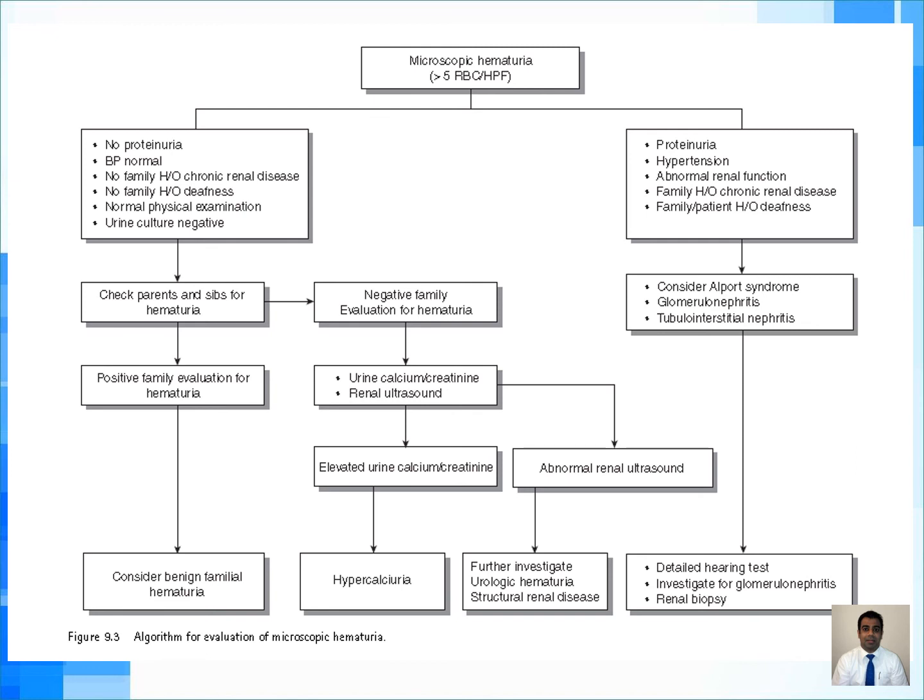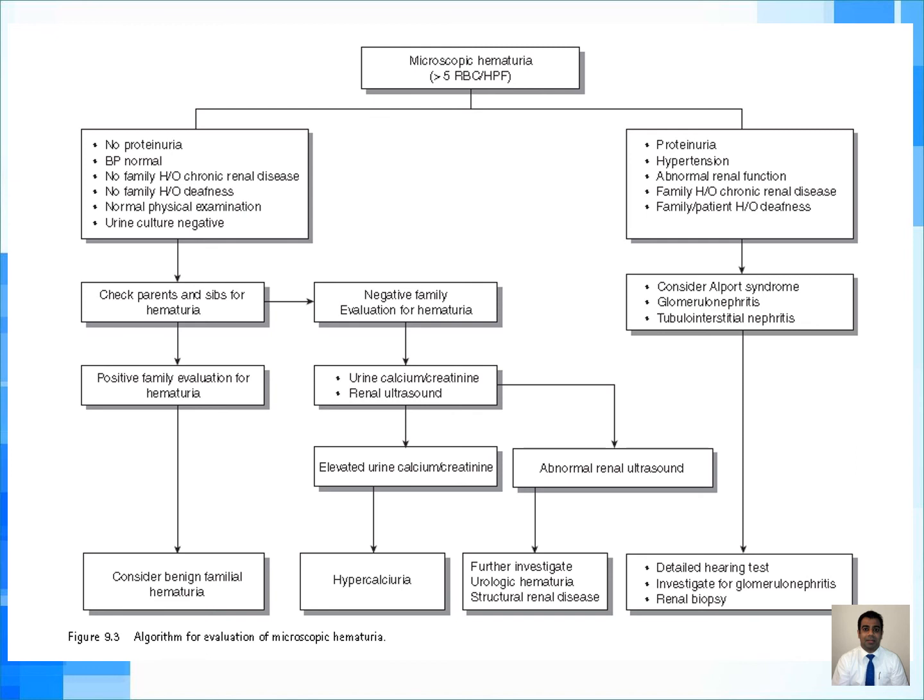If the patient, on the other hand, has microscopic hematuria associated with proteinuria, hypertension, abnormal renal function, a family history of renal disease like IgA nephropathy or chronic kidney disease or Alport syndrome, or if there is a family history of deafness suggestive of Alport syndrome, consider glomerulonephritis or tubulointerstitial nephritis, or consider Alport syndrome.